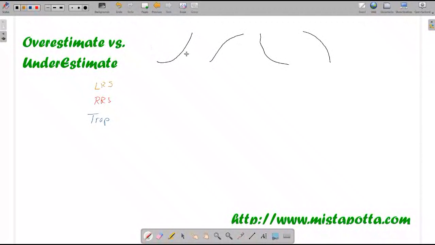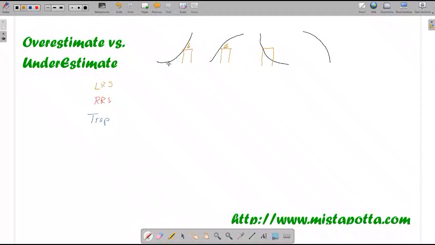Now, when I look at these shapes and I'm looking at the left-hand side, my left endpoint determines the height, which means when I'm looking at these functions, I'm noticing that there's certain situations where I have an underestimate.